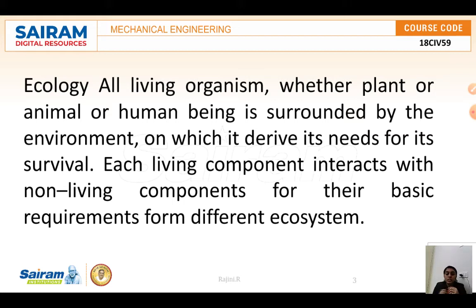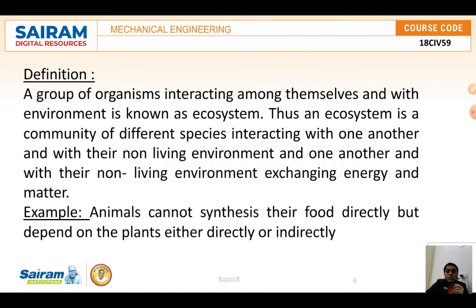Each component interacts with non-living components for its basic requirements in the different ecosystems. The main definition is that a group of organisms reacting among themselves and with the environment is known as an ecosystem.